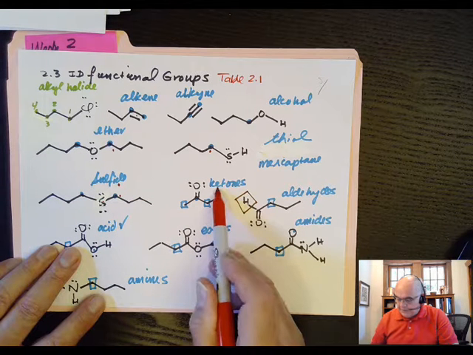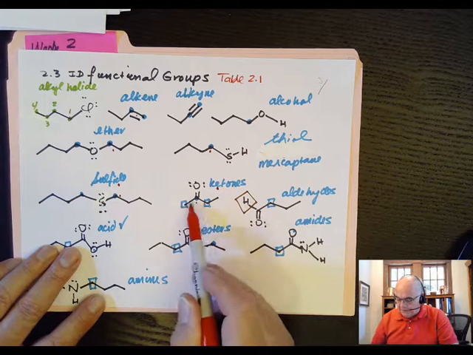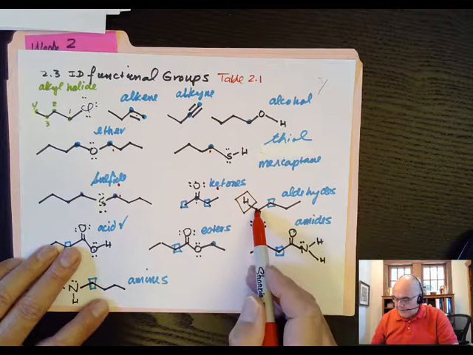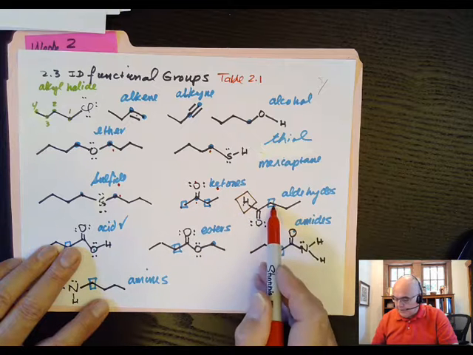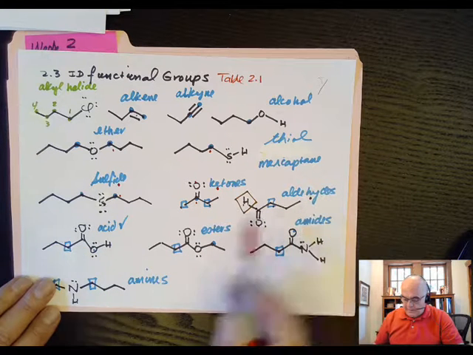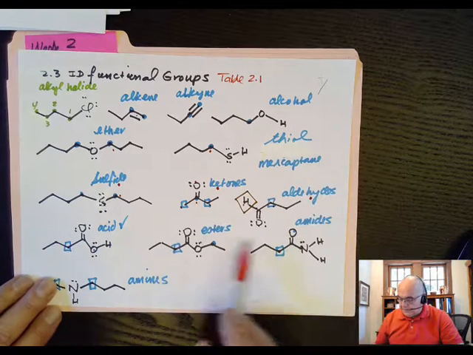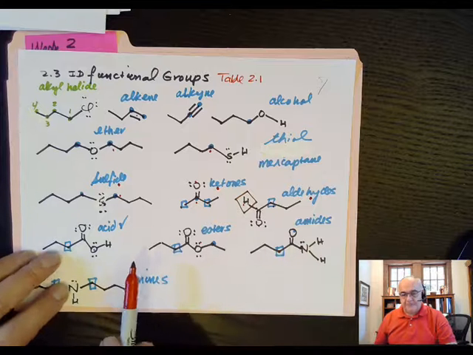Ketones are C double bond O with a carbon on each side, C double bond O with the H and a carbon is aldehyde, and then acid, esters, and amide. So we need to practice.